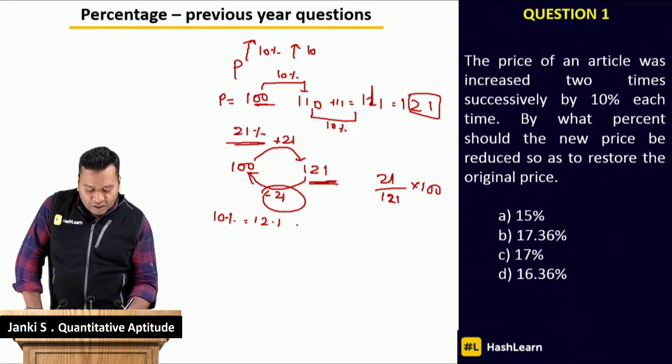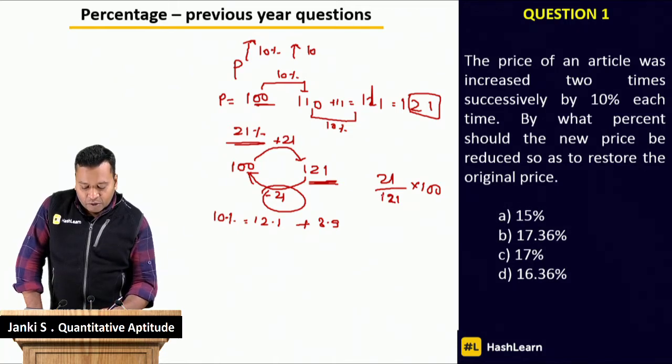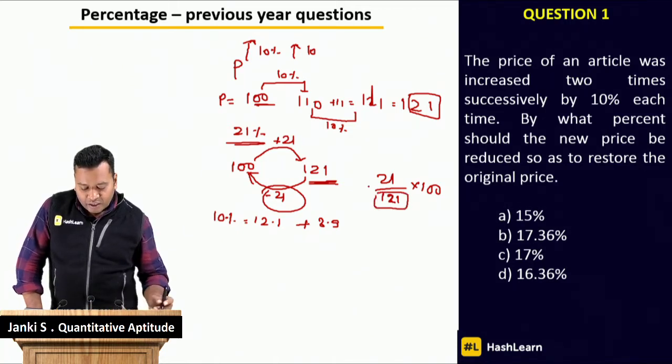But I want to increase this value by how much? I want this value as 21, that means I should increase it by 8.9, right? So 8.9 can be how much percent of 121?